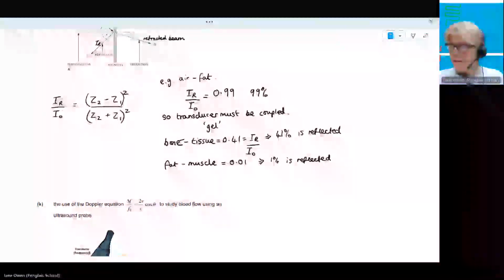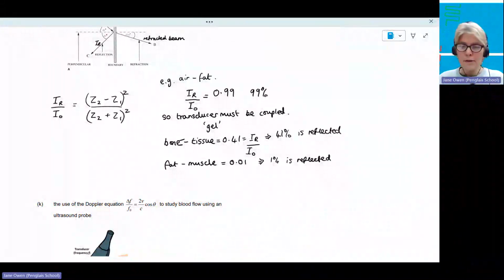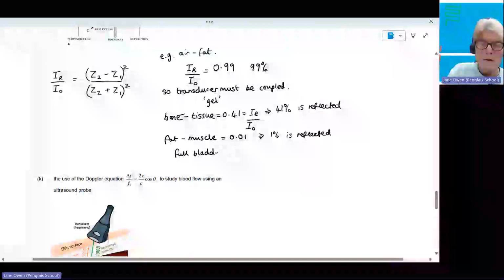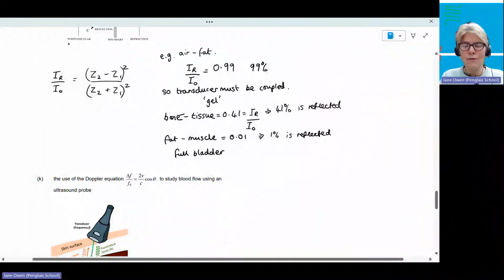But beyond bone, nothing can be seen. So for that fat muscle, for any to be reflected back, what we need is a full bladder, so that there's a greater contrast, a greater difference in the density at the boundary, so that you get some sort of reflection at the boundary to show a contrast.